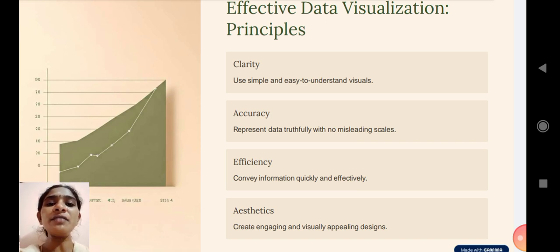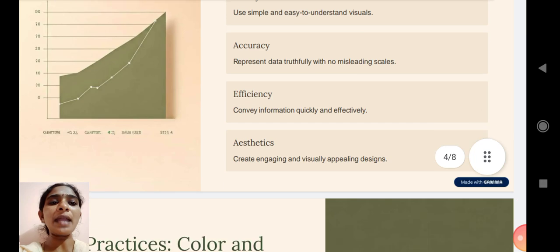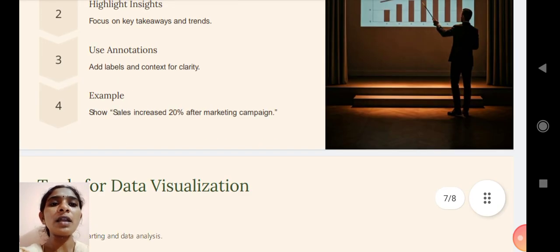If we represent the document using visual elements, either a bar chart or a pie chart, the person can easily understand what we want to inform the audience. That is the main purpose we use it.